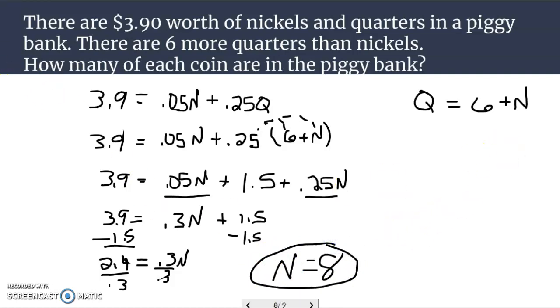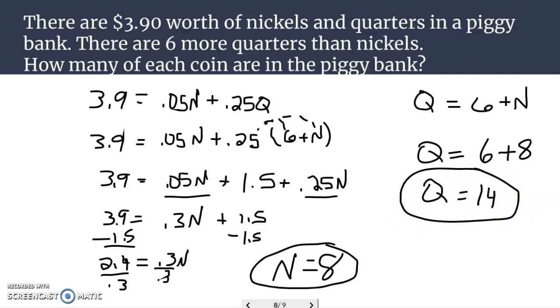And then to find the quarters, all we need to do is take 6 plus 8, since I now know the N. Number of quarters is 14. 14 quarters, 8 nickels.